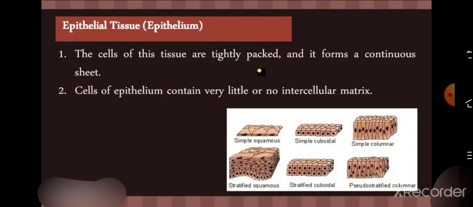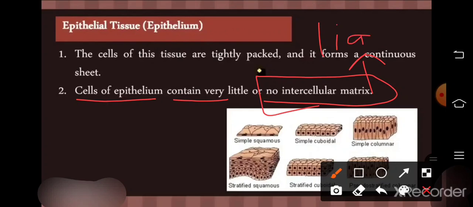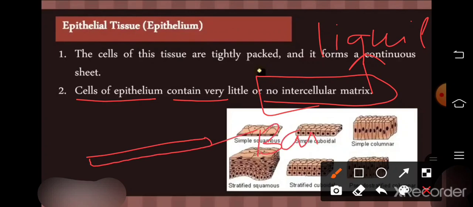The cells of epithelium contain very little or no intercellular matrix. Matrix means liquid. Suppose this is the basement membrane, and above the basement membrane the cells lie like this, so there is no intercellular matrix between them.